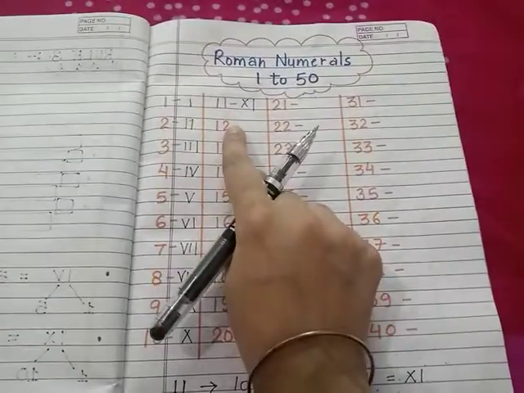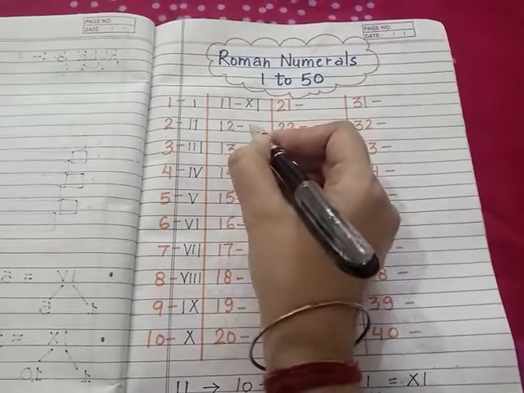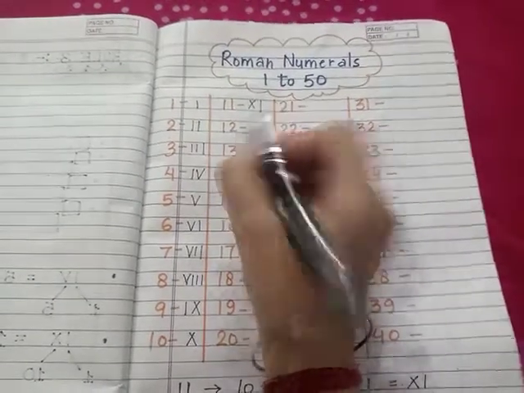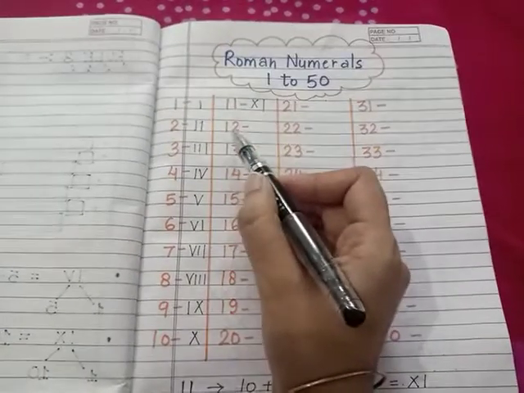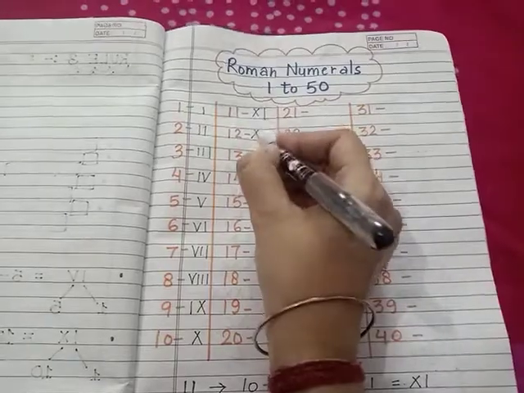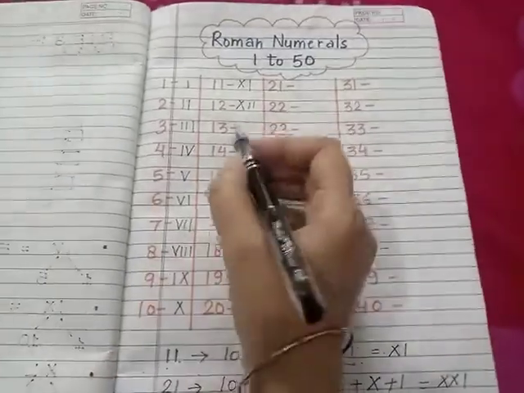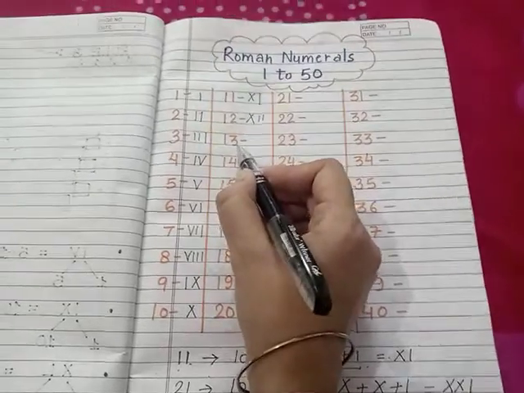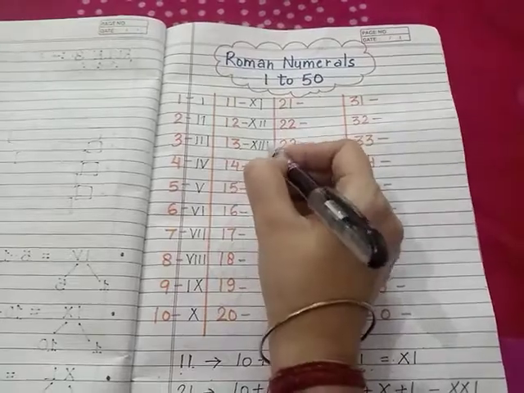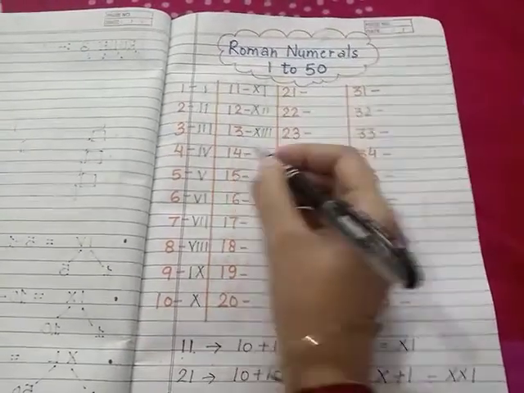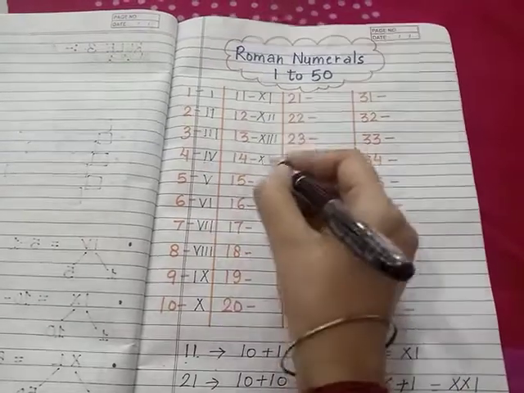Now the Roman numeral for 12: if we expand 12, we get 10 plus 2, and the Roman numeral for 10 is X and the Roman numeral for 2 is 2 times I. Now the Roman numeral for 13 is X and then 3 times I. The Roman numeral for 14 is X and then the Roman numeral for 4.